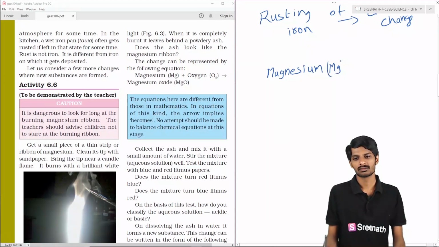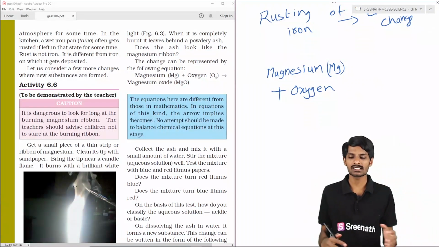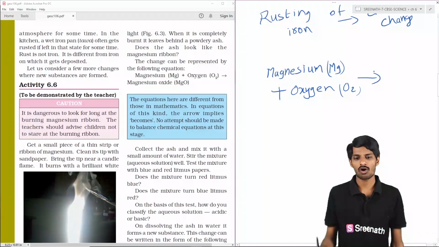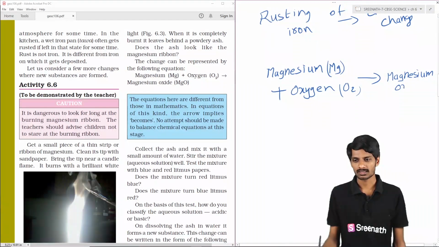The process is that magnesium, that is Mg, is combined with oxygen. Basically there is a strip of magnesium, students, and oxygen is in the surroundings, that oxygen is O2. Both of these mix and form magnesium oxide. We call it MgO.